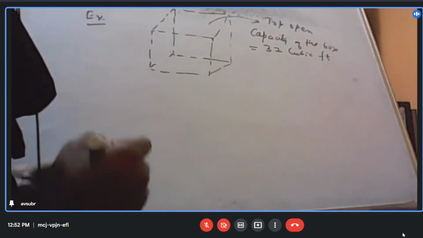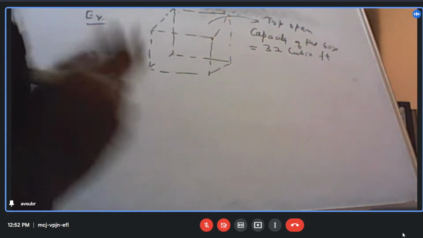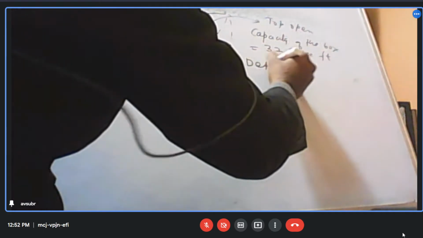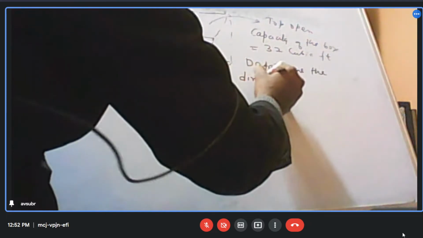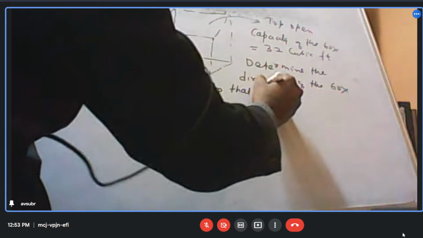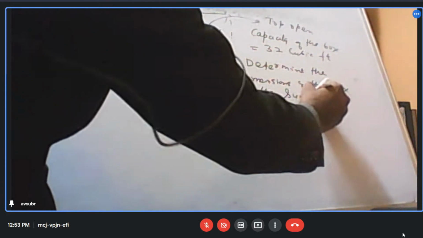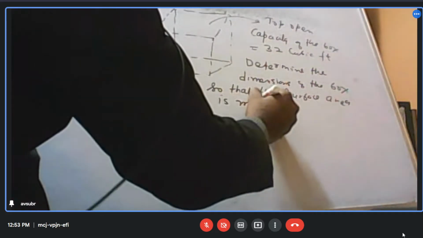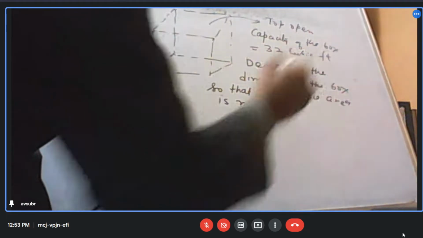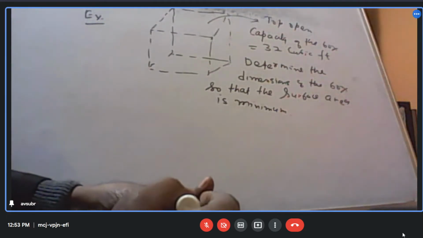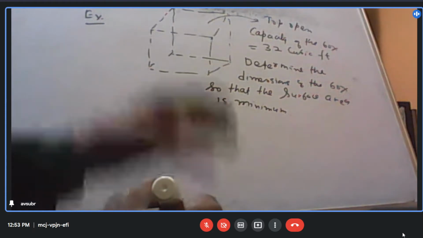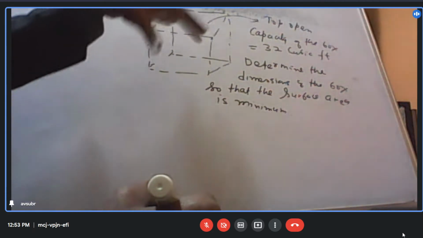Now what we have to determine is the dimensions of the box so that the surface area of this box is minimum.